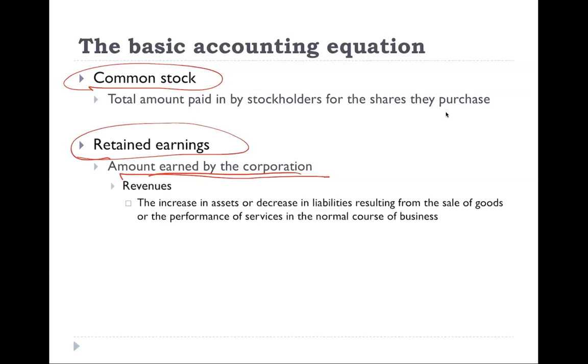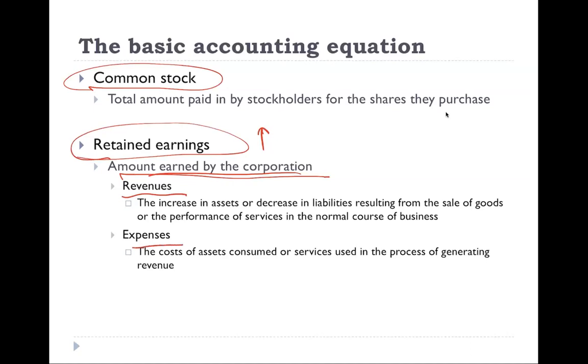Specifically, retained earnings is determined by three components. First of all, revenue. The revenue the firm earns is going to increase the firm's retained earnings. And then expense. In order to earn those revenues, the firm needs to incur some expense, and the expense decreases retained earnings.